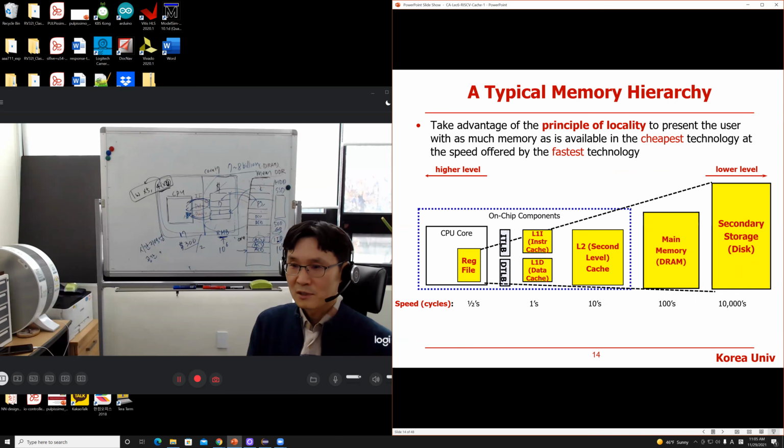What is that illusion again? We have reality. Reality is a super big but slow main memory. Big and slow. But the present illusion is big and, at the same time, super fast. That is the illusion created by placing the cache.